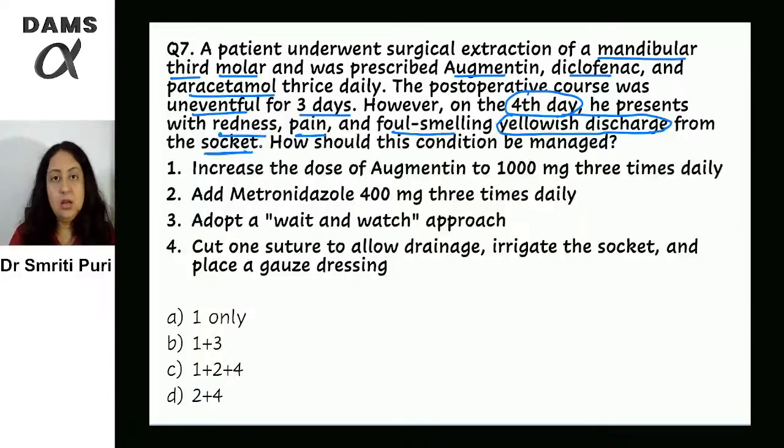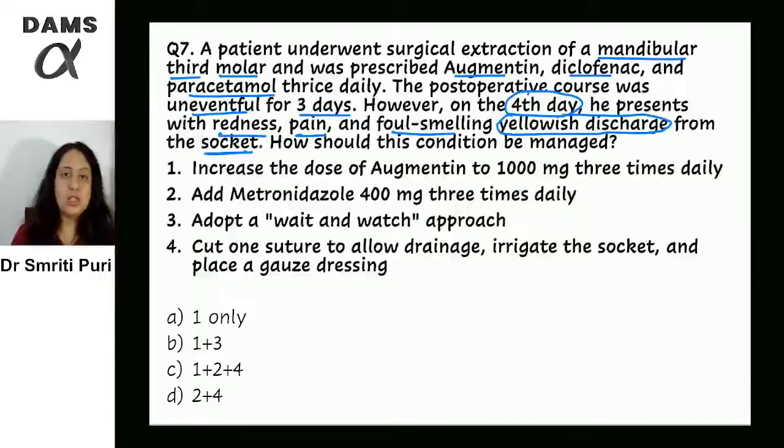Very commonly, you all will mistake this with a dry socket, but it's not a dry socket. A dry socket will not have a discharge. A dry socket will have exposed bone, painful, red, extremely tender, foul smelling, yes, but it will have exposed bone and no discharge.